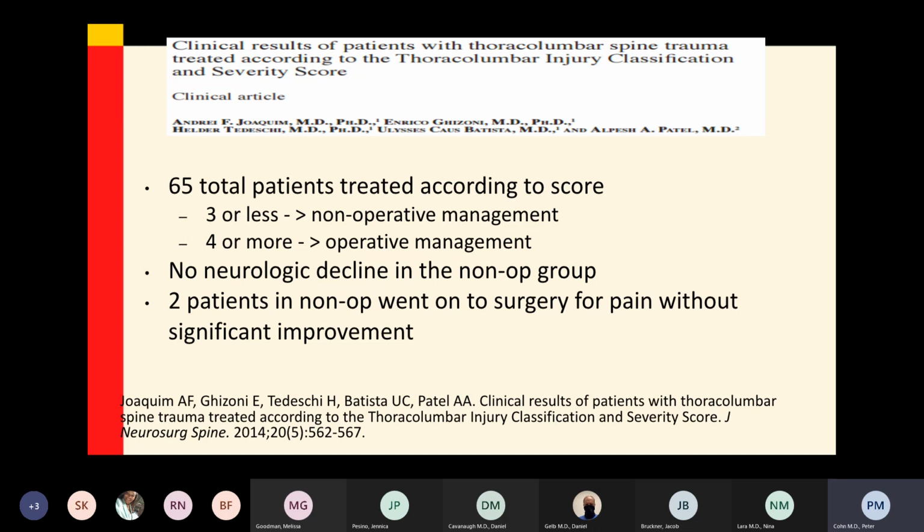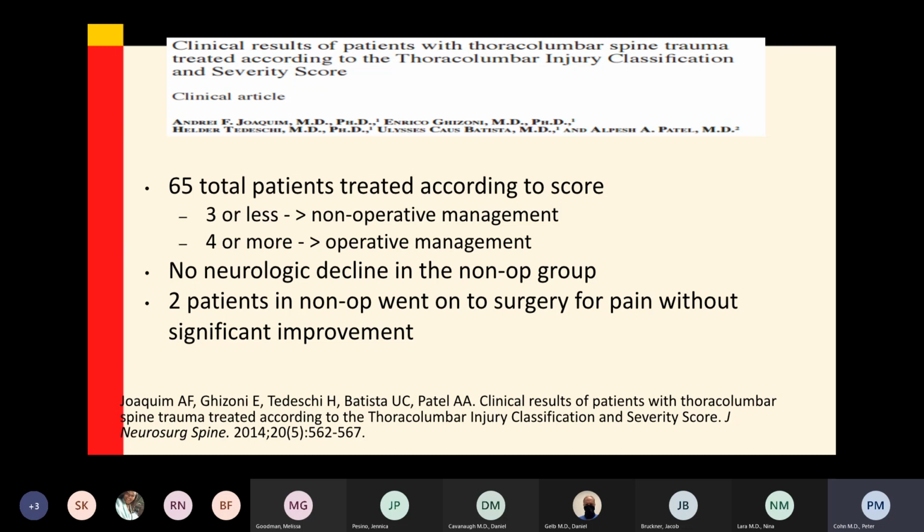But this was one study where they had 65 patients who were treated according to their TLICS score, so 3 or less got non-operative treatment, and patients who had 4 or more points on the TLICS score got an operation. Basically, their outcomes were that the patients who did not get a surgery did not have any adverse outcomes, and they did not have any decline in their neurologic status.